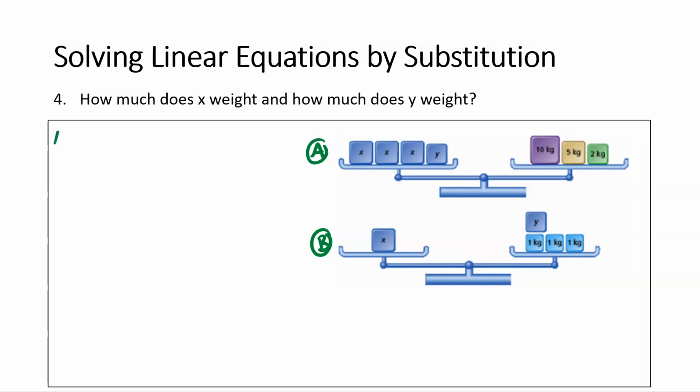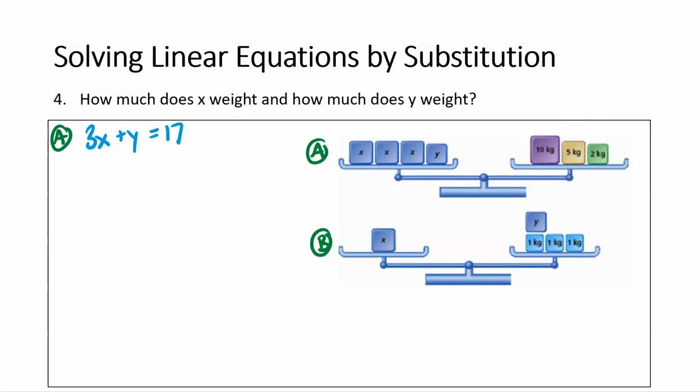So for equation A, you have 3 x's, so 3x plus a y, equals 10 plus 5 plus 2. That's 10 plus 5 is 15, plus 2 is 17. So 3x plus y equals 17.